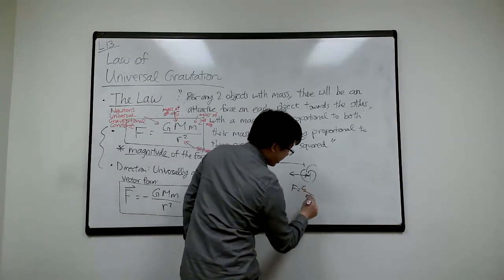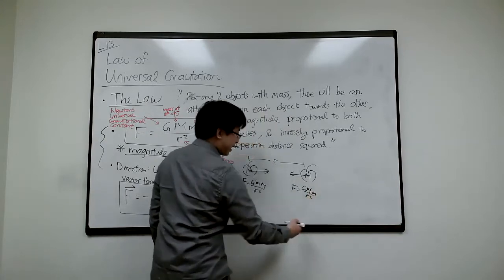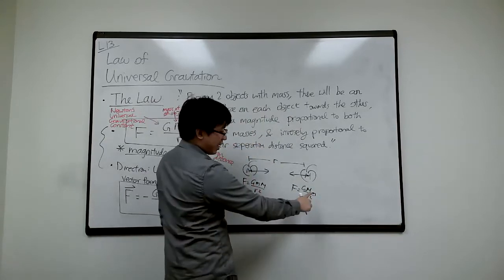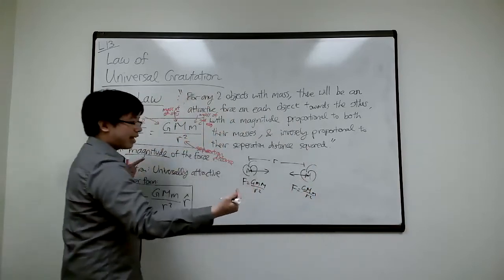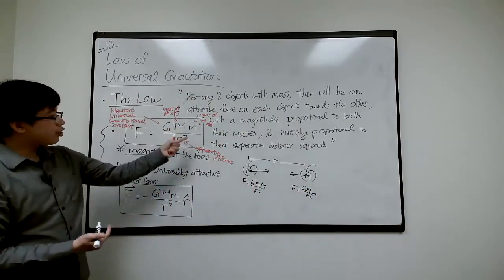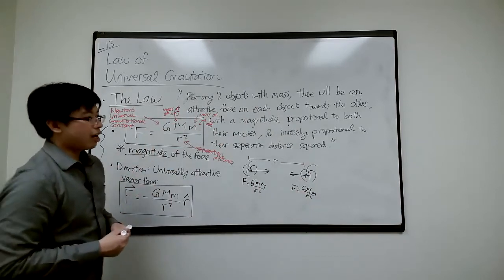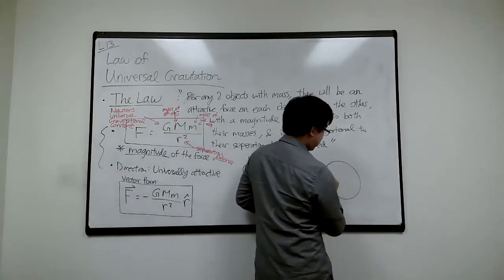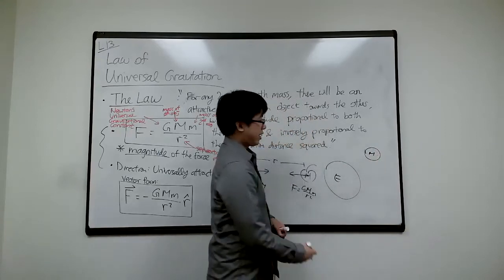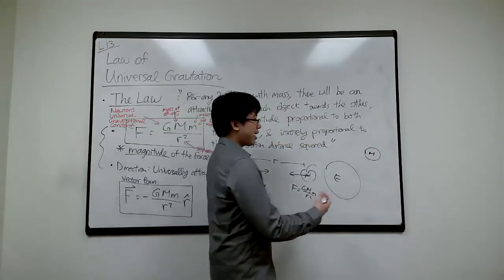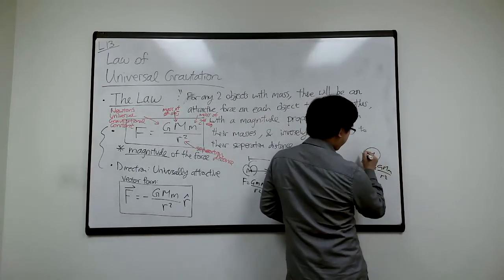So this guy's own mass is capital M, and what's causing it is little m. If you apply the law, they have exactly the same magnitude and opposite direction. So Newton's third law is built into this, and that also answers a question we raised earlier about the Earth and the Moon: which one attracts the other with a larger force? It's equal, because each attracts the other with GMm over r squared, where r is the distance.